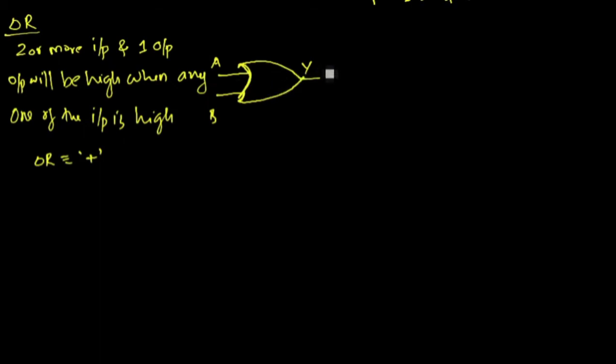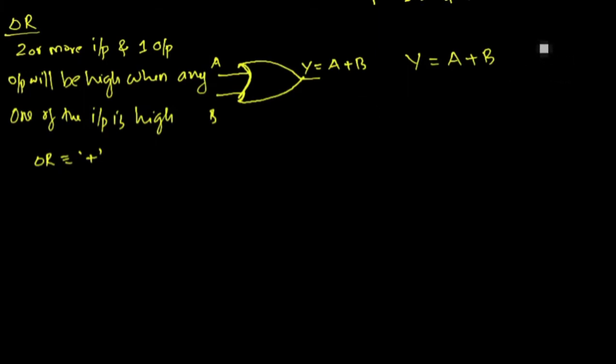That is, if A and B are the inputs, the output is A or B. It is actually read as A or B, not A plus B. So always try to read it like Y is equal to A or B. So this is the Boolean expression. Y is equal to A or B is the Boolean expression for the OR gate.